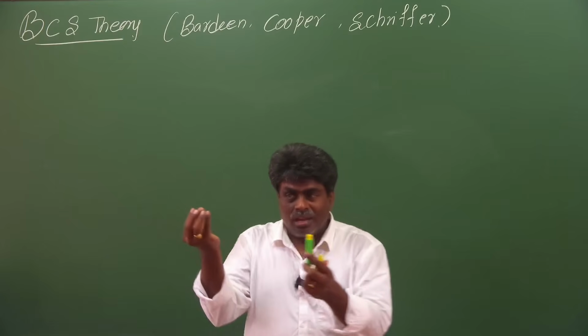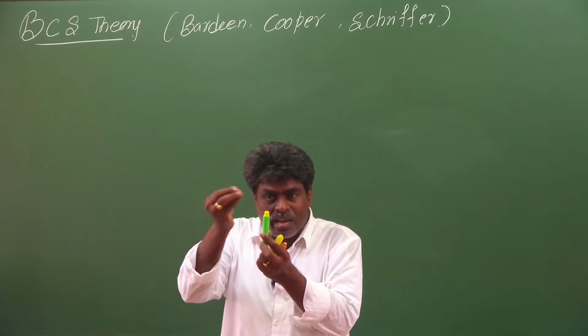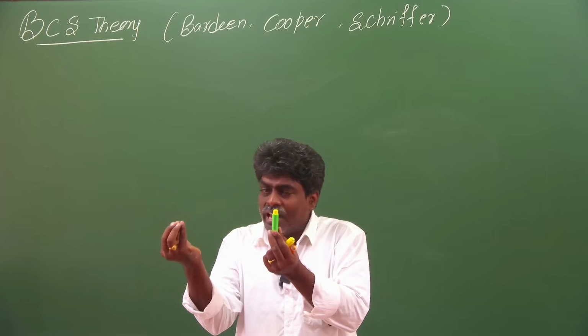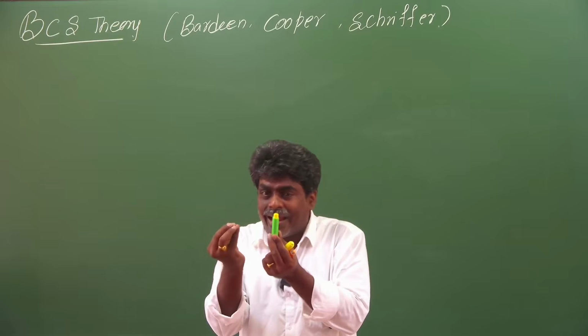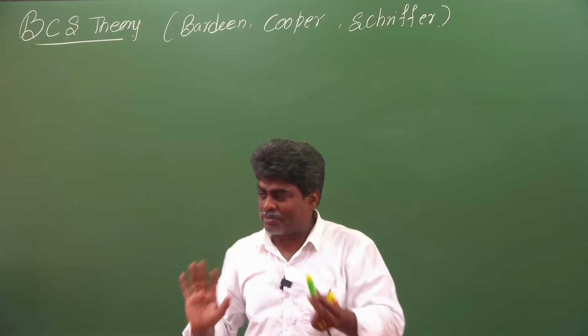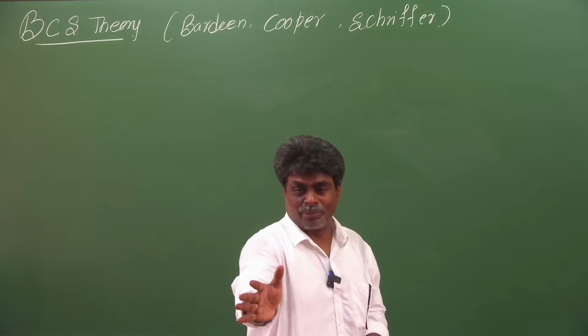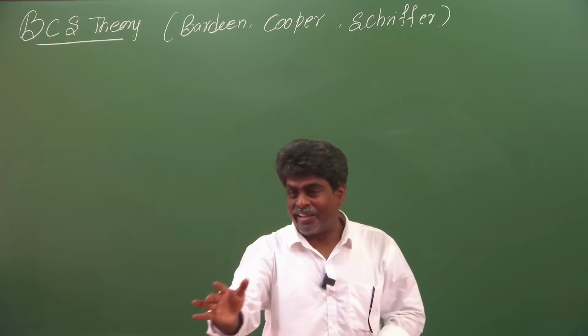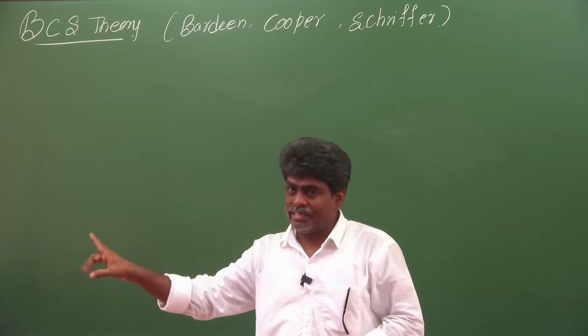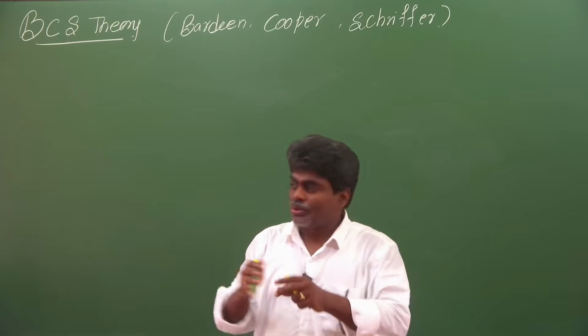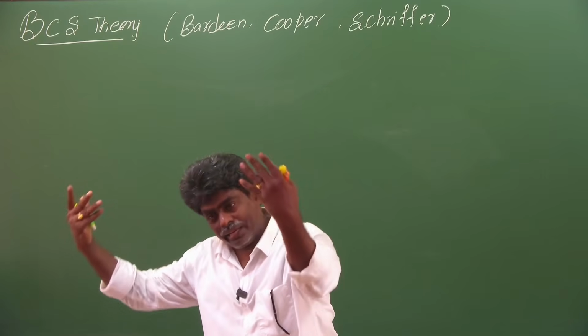So the electron which is beside a positive ion core will be attracted towards this positive ion core. That means it will push like this. Then that person will push this person, and this person will push like that. That means finally that girl will see that girl. Over. So those two people have already interacted.